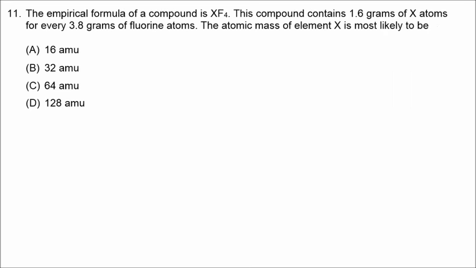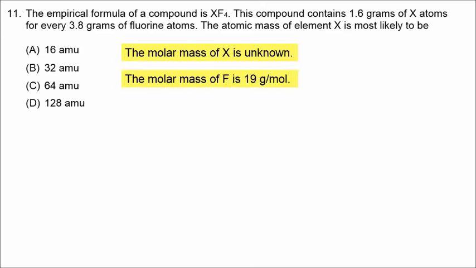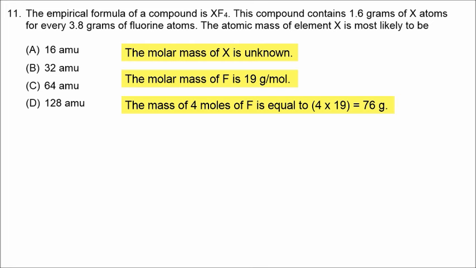In number 11, we have an empirical formula of XF4, and we're trying to figure out the identity of X, or at least its atomic mass. The periodic table tells us that fluorine has an atomic mass of 19. And if we have 4 fluorines, that means we have a total mass of 4 times 19, which is 76.